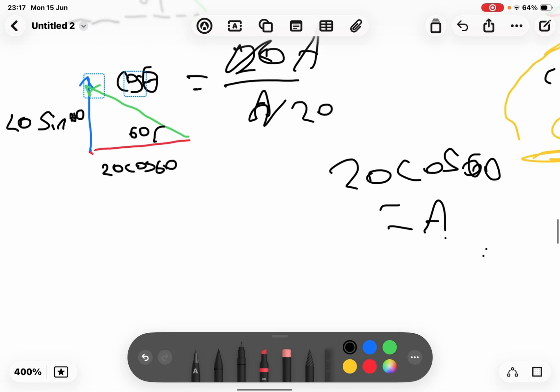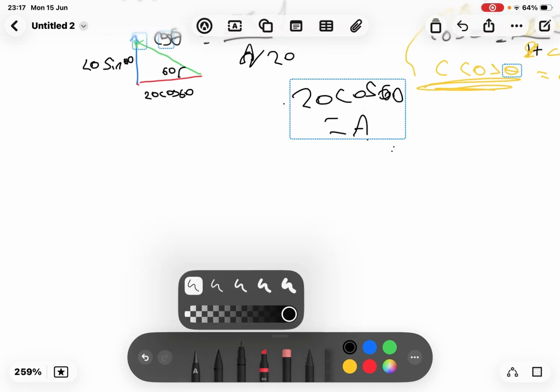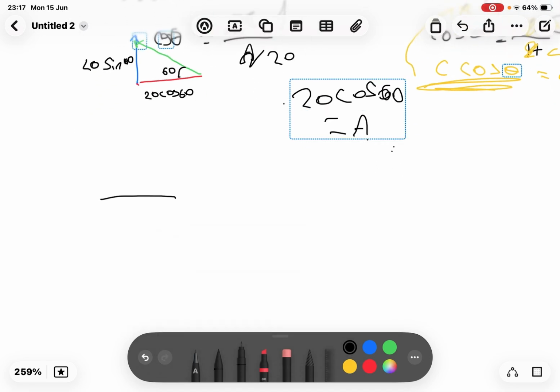It's important to know that most of the time, wherever you see the degree, that's going to be the adjacent. So let's say in the exam, we are given two lines already, and we're given this, and this thing.